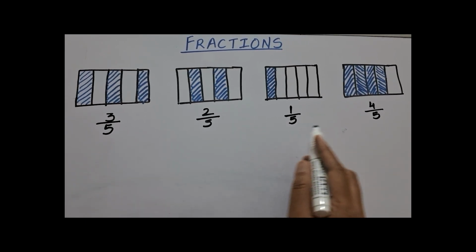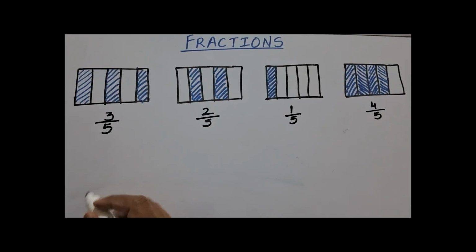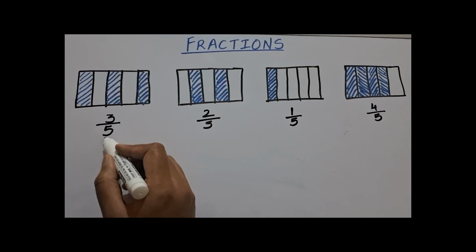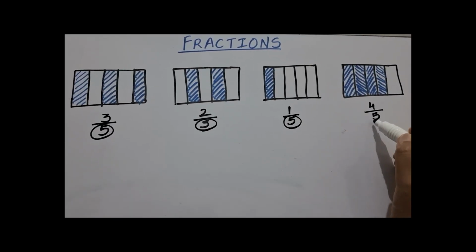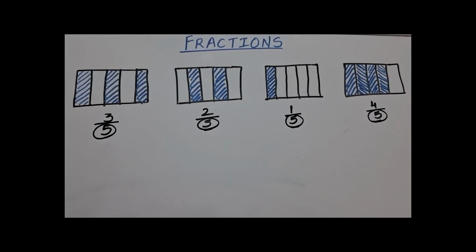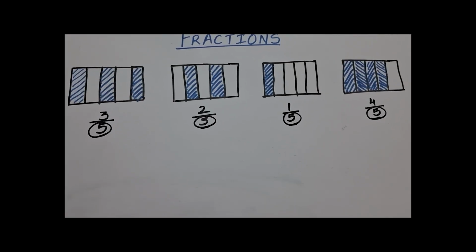Now from these 4 fractions, what are the common things, children? We can see that the denominators are the same. That means the whole part is equally divided into 5 parts in total.